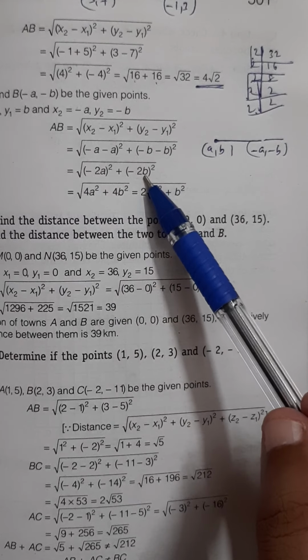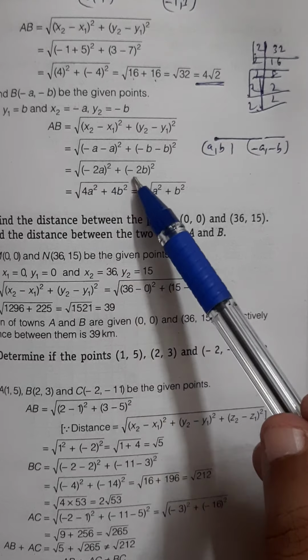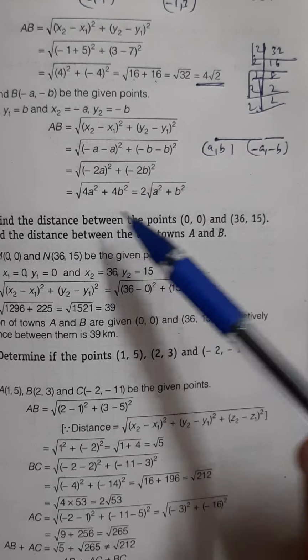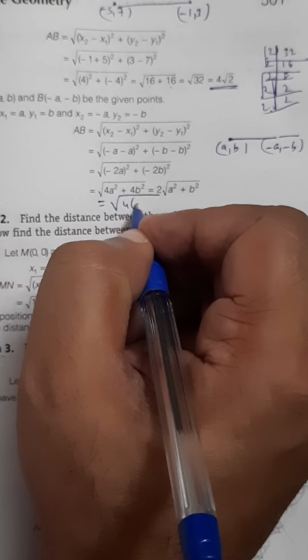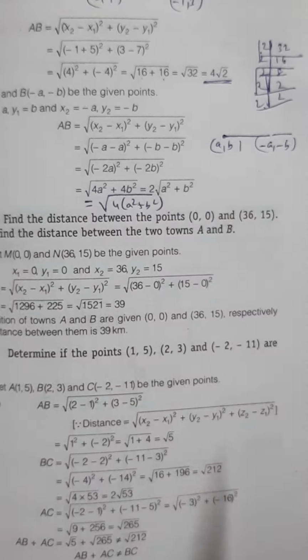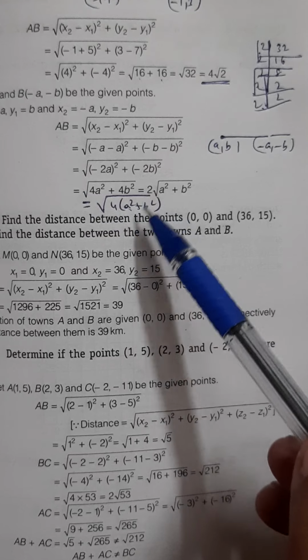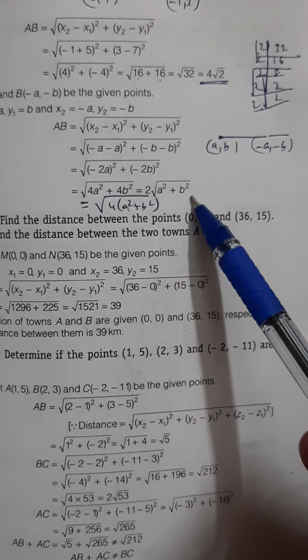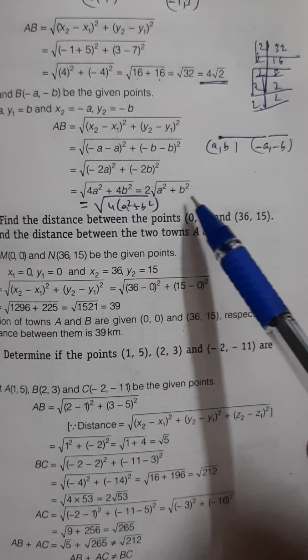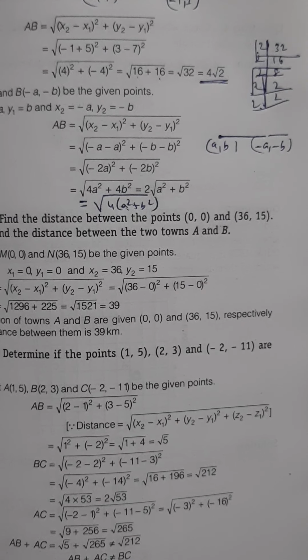This becomes minus 2b whole square. This will become 4a square, and this will become 4b square. And now what you need to do is take 4 common here. When you take out 4 common, root of 4 you will get 2, and inside the root you are left with a square plus b square. So your answer will be 2 root a square plus b square.